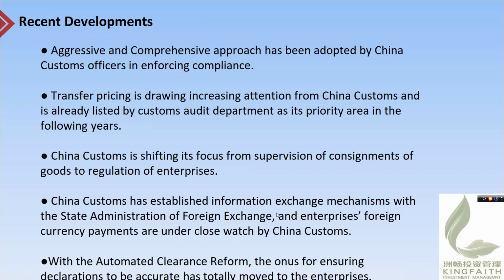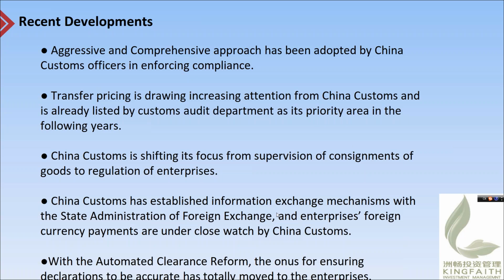Another point that may also be worth our attention is that China Customs has established information exchange mechanisms with the State Administration of Foreign Exchange, and the enterprises' foreign currency payments are under close watch by China Customs.